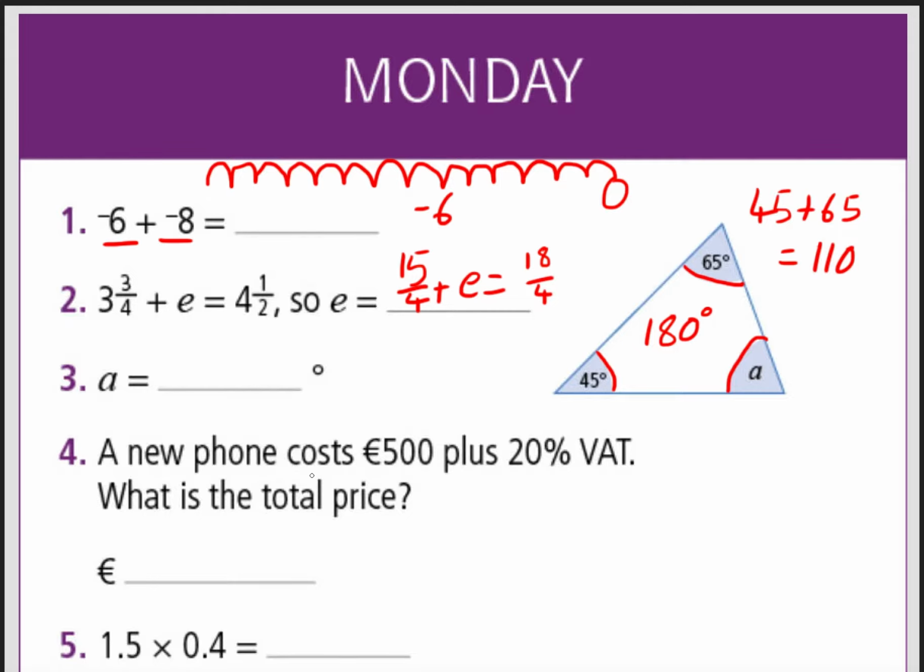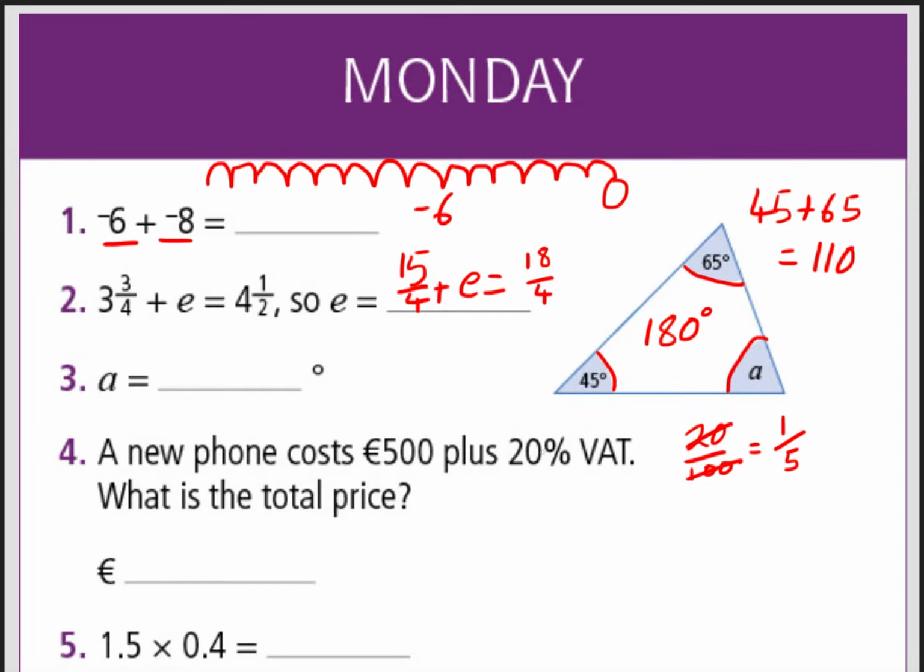Number 4, a new phone costs €500 plus 20% VAT. What is the total price? So we can do this like the VAT is value added tax, and it's 20%. So we can do that as 20 over 100, or we can simplify that. We can divide 20 into the top and we get 1, 20 into the bottom and we get 5.